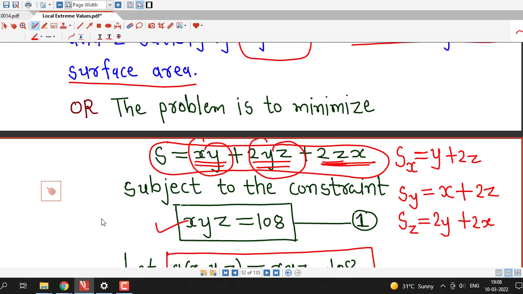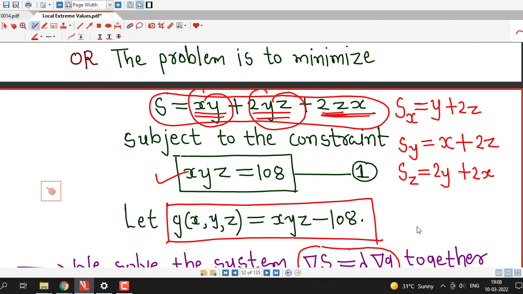And the derivatives of g will be del g by del x equal to the derivative of xyz with respect to x is y into z, del g by del y is x into z, and del g by del z is x into y.